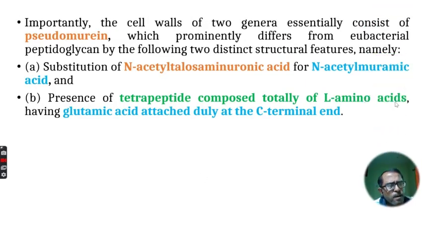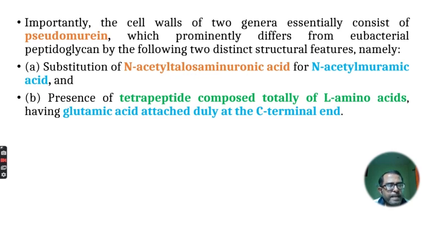Now when the cell wall of this bacteria is observed or studied, there is a difference in the cell wall of this halophilic bacteria and the eubacteria. These halophilic bacteria have pseudomurein as their cell wall component, which is different from the eubacterial peptidoglycan component.